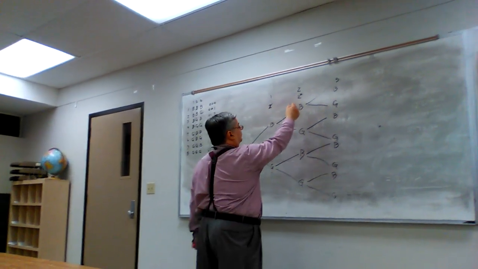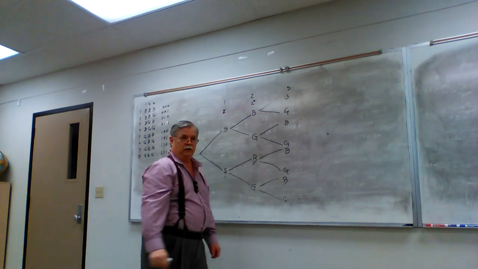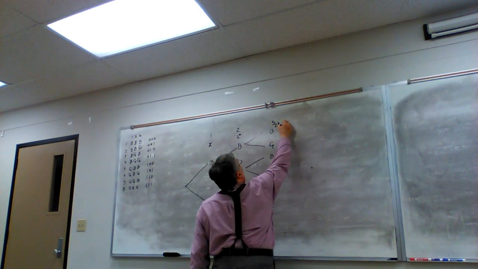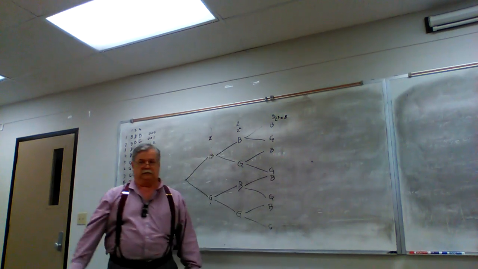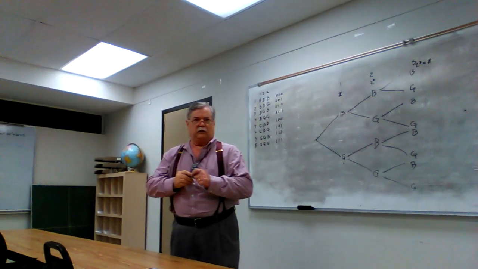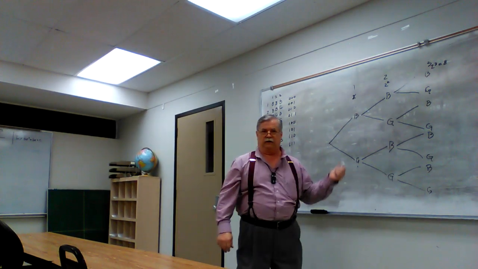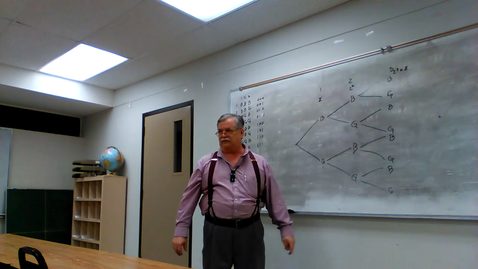And if you multiply each of those outcomes by 2, you get 2 cubed, or 8. Now that works out nice in this case because 2 is a number that we're accustomed to using as a base.